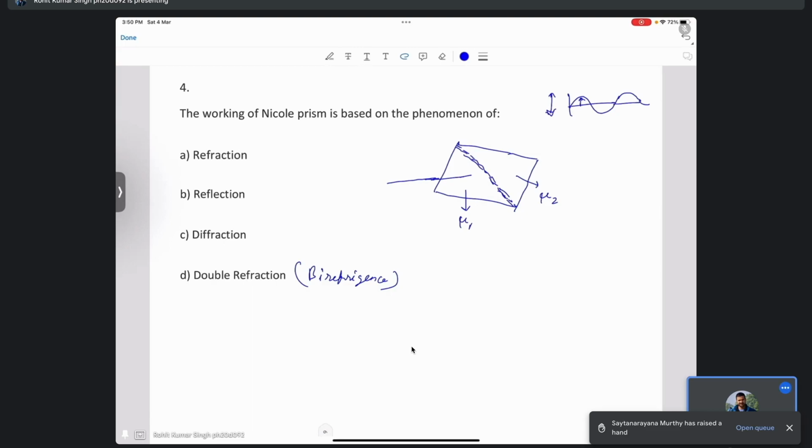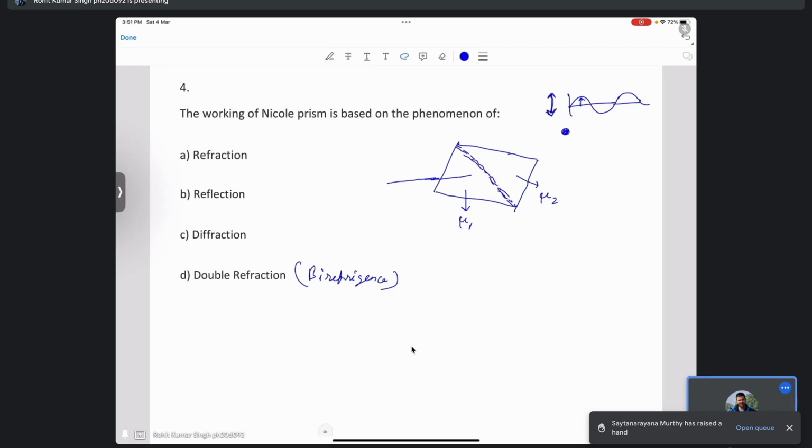Okay, so we can take two different polarizations perpendicular to each other. Suppose I denote the one which is polarized in the plane of this screen like this, and the one which is perpendicular to the screen, coming out and going inside, like a dot.